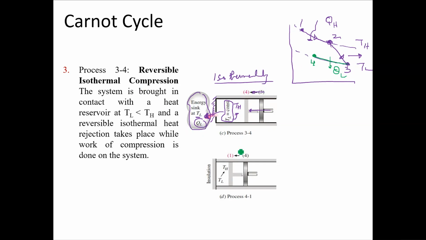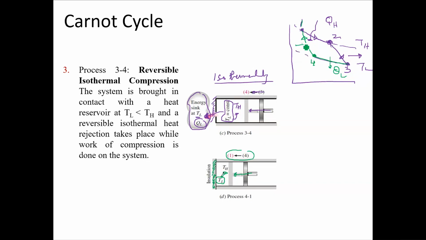Then the process 4 to 1. You have removed the energy sink and insulated this side also. You continue compressing your system until it comes back to the original condition and TL moves to TH. So you complete the cycle by moving back to the first position.